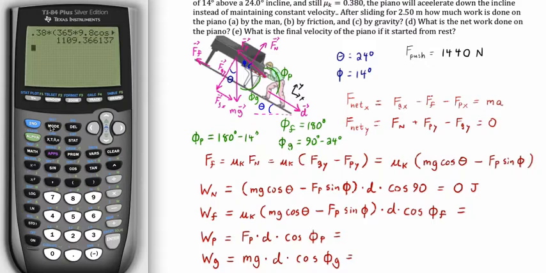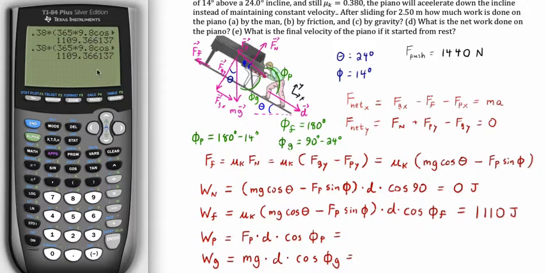Here we calculated 1,110 joules. All right, double check our equation. Yep, correct parentheses, correct angle there on the sine. Looks like it all checks out, and nothing was forgotten.